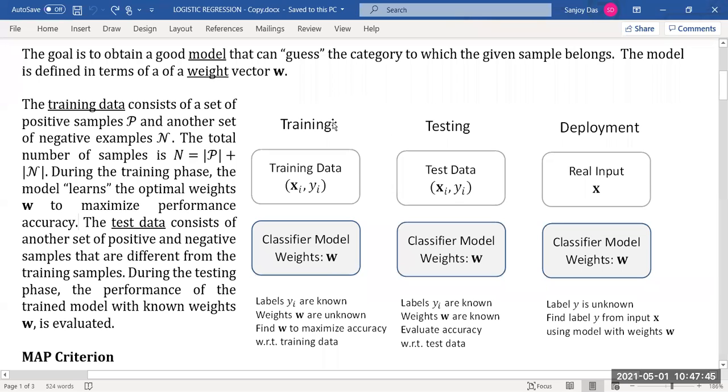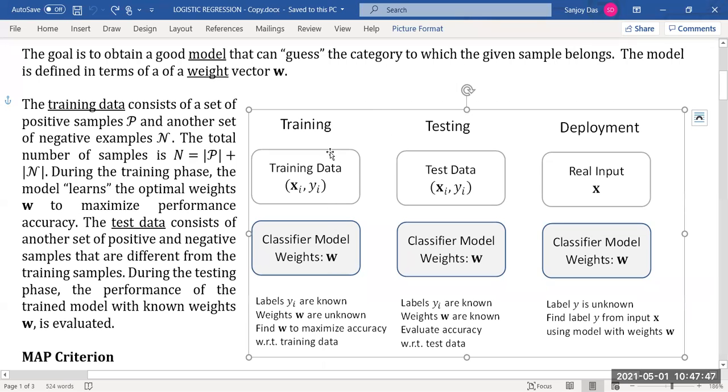Okay, so during the training process, what we have is xi, a huge database of these sample points. Then we find W from this training data.